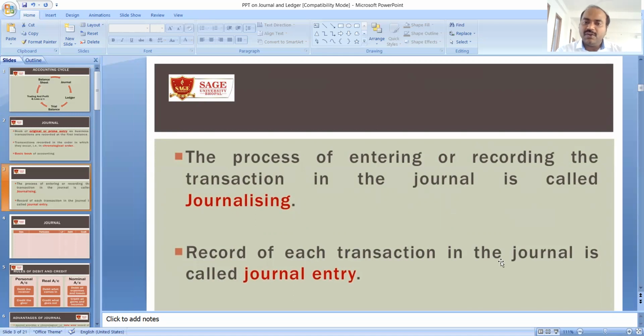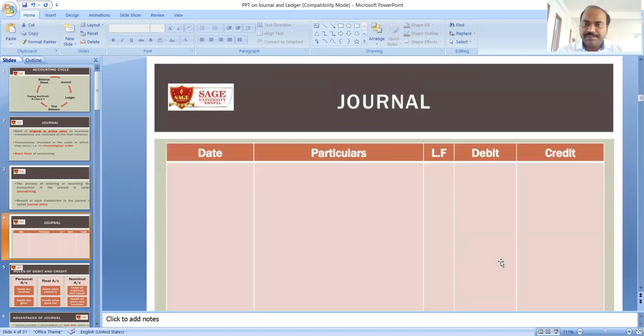And the record of each transaction in the journal is called a journal entry. When we record each and every transaction according to the pro forma that is framed, it is called a journal entry. Now let us see the pro forma of journal.